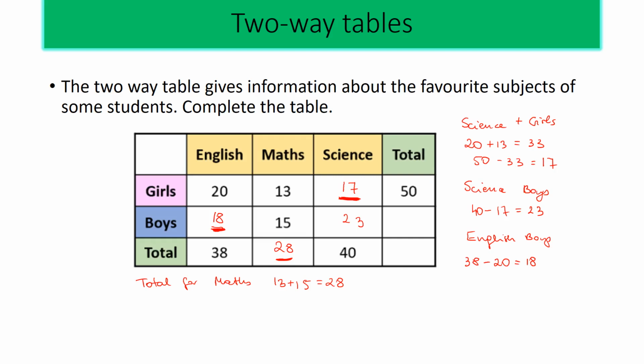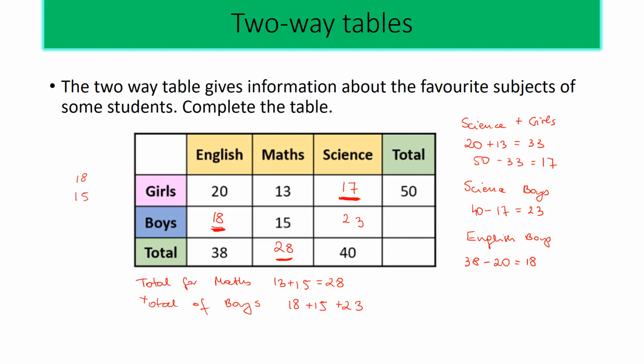So now to work out how many boys there are, we just need to add all the boxes involving boys. So that's 18, 15 and 23. So the total of boys, we need to add 18, 15 and 23.